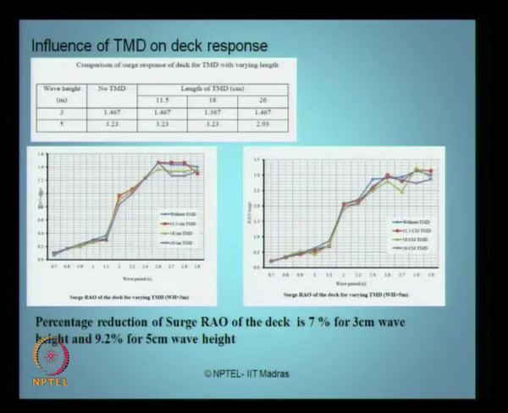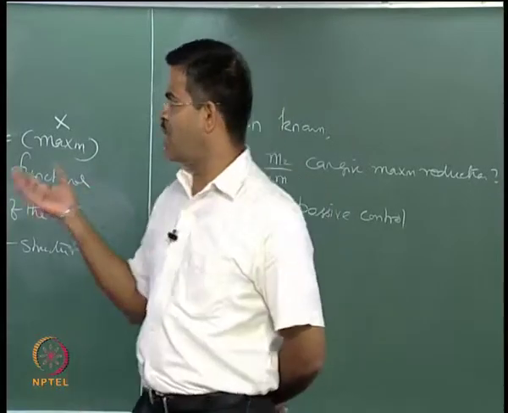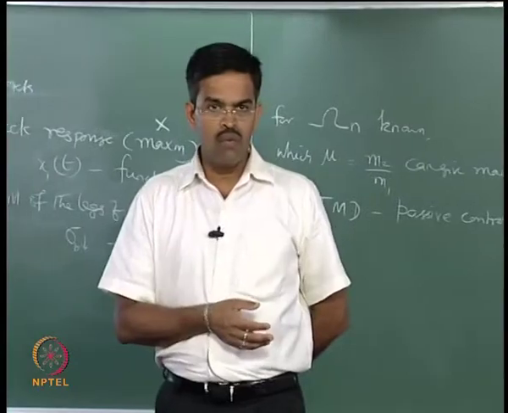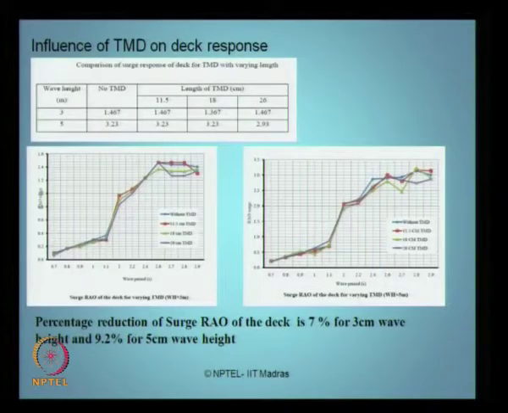It means tuning is not done for all values of wave height and wave period, it is also depending on what is the sea state. So, in this example, for a specific case, for a 3 centimeter wave height, 18 centimeter long TMD with 200 grams gave me the reduction of about 7%. When we look at 5 centimeter wave, it gives me a reduction of 9.2%, but the length of TMD is different.